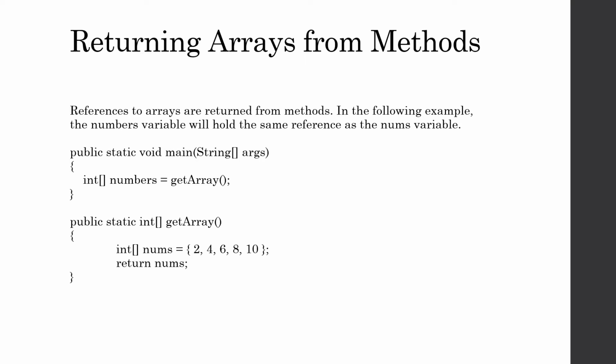And so the one thing to keep in mind when it comes to returning arrays from our methods is that this is a little bit different from whenever we want to pass an array into a method, because when we do this return, that's also going to be the end of this method.